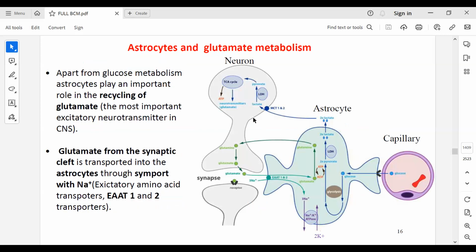Again, the glutamate produced can also be taken up by the astrocytes, converted into glutamine, and then recycled. That will also be recycled using the excitatory amino acid transporters.